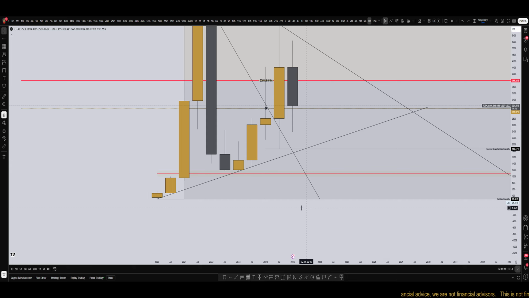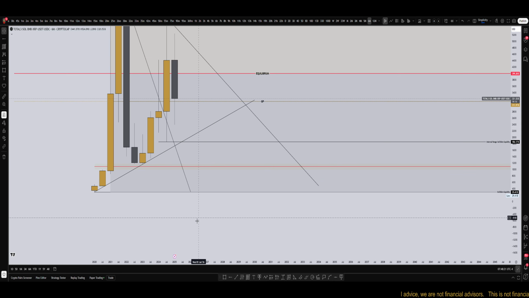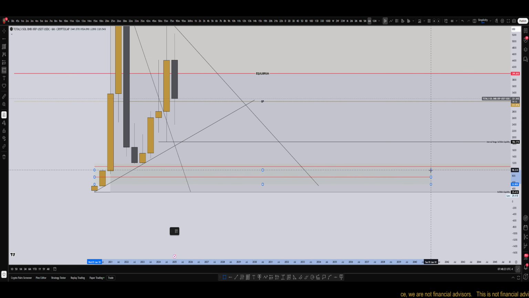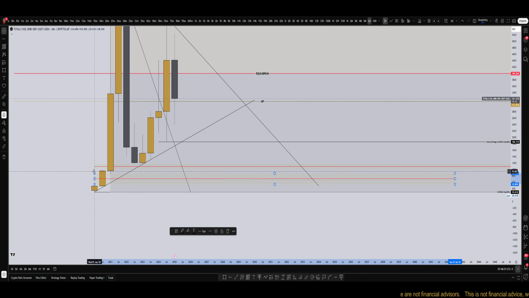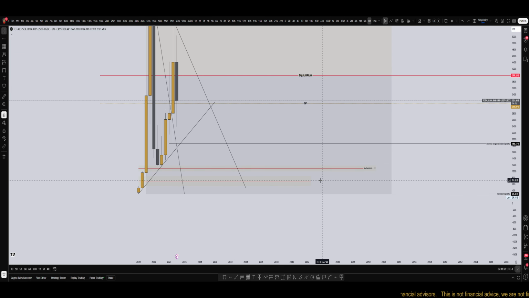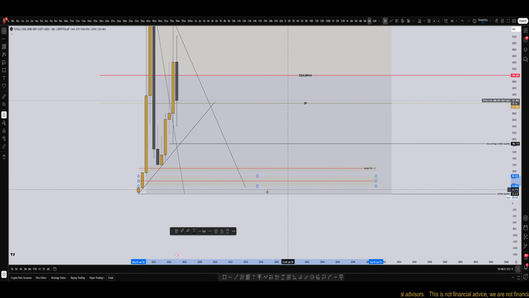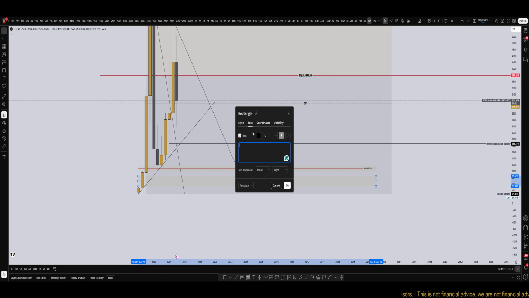I do see a fair value gap here, so I have to point that out. We got the fair value gap here. I think I will have to change the layout of this fair value gaps. I have the same layout for the Fibonacci support and resistance flip, so sometimes it can get confusing.